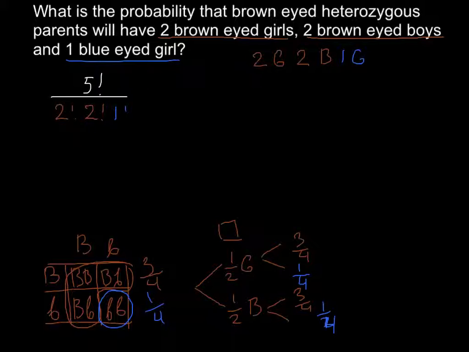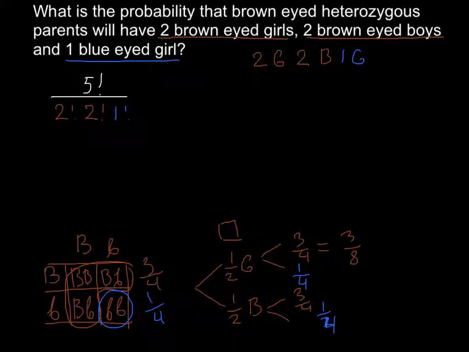So the probability would be 1/2 for the girl, multiplied by 3/4 to inherit brown color of the eyes. So the probability for the child to be a girl and to have brown eyes would be 3/8.